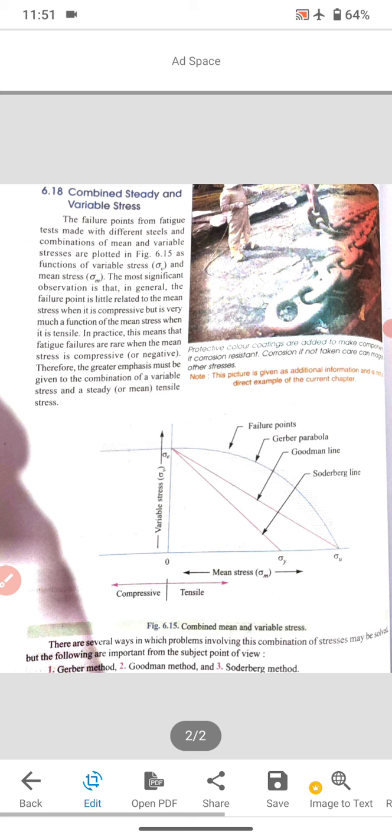Now, what do you think? Among the three criteria, which criteria will give you the safest design? Think for 20-30 seconds. I am giving you time. Think first, then I will give you the answer.